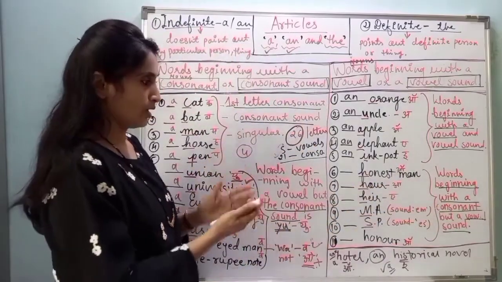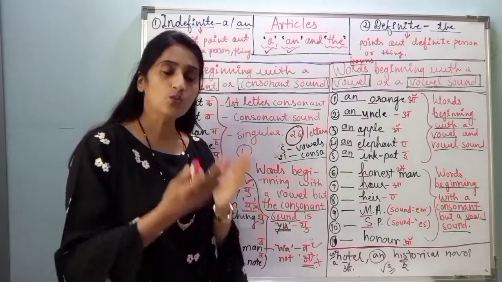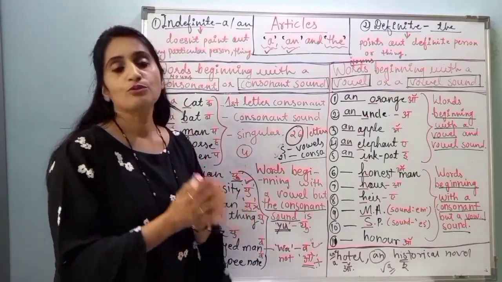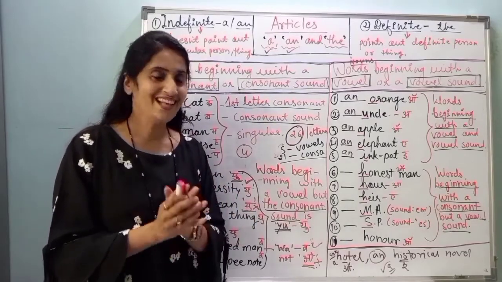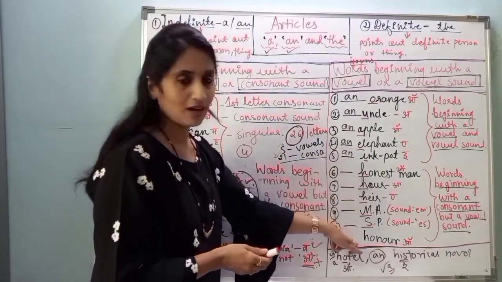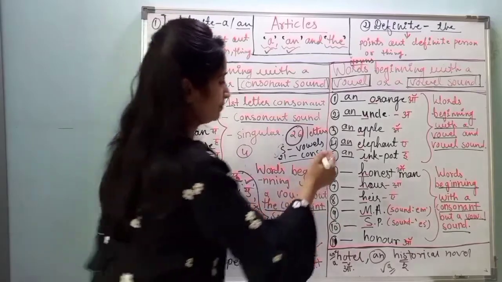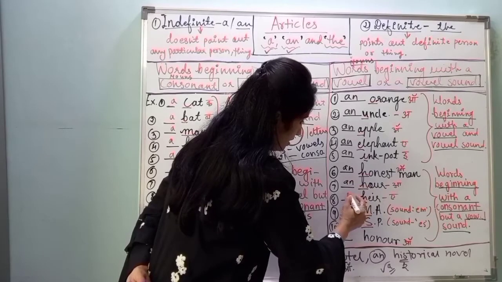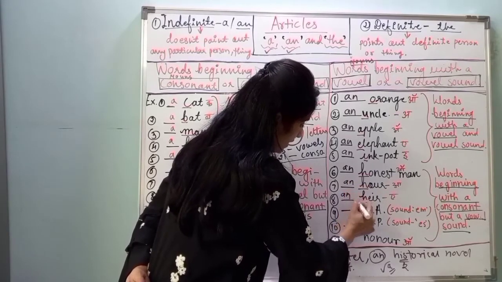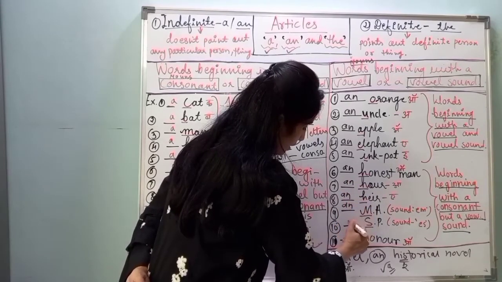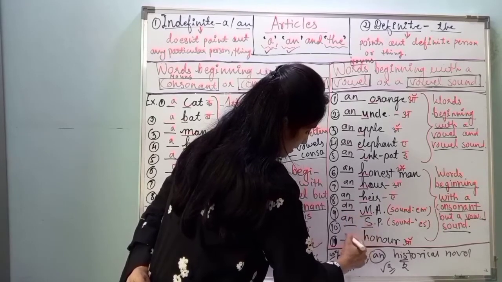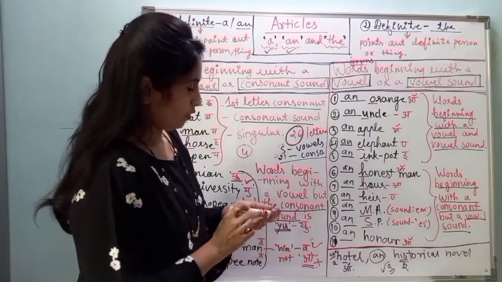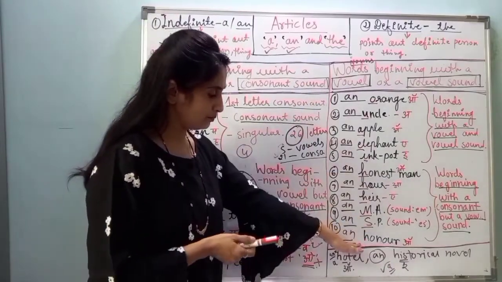And so as a rule, when a noun begins with a vowel sound, we have to make use of the article an. And so here we are going to write an. So see here I am writing an hour, an honest man, an heir, an M.A., an S.P., an honor. Fine. Okay, so is this clear to you?